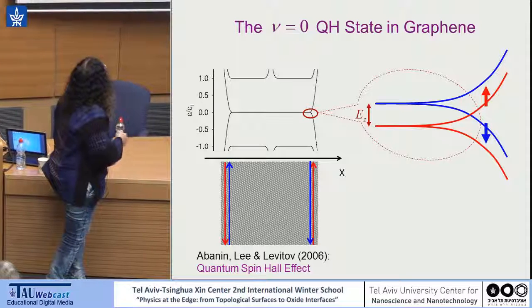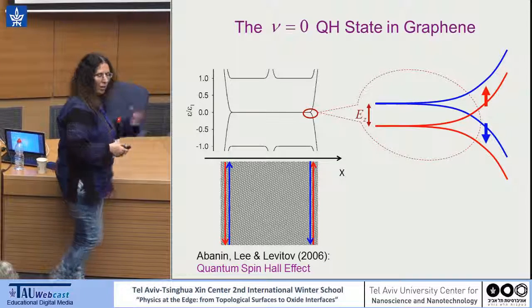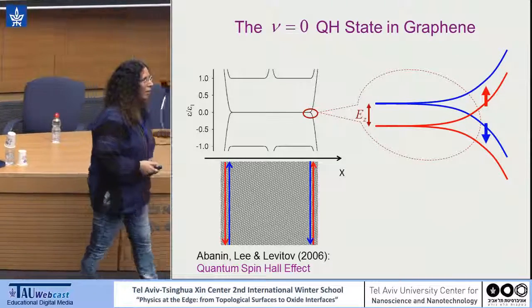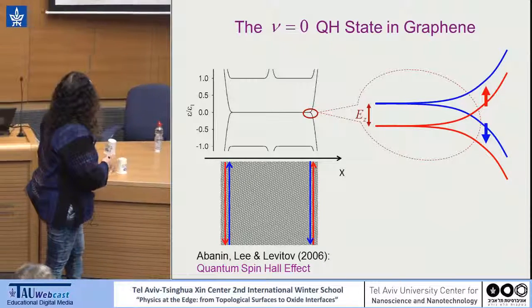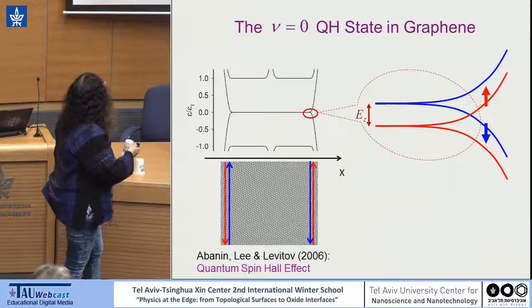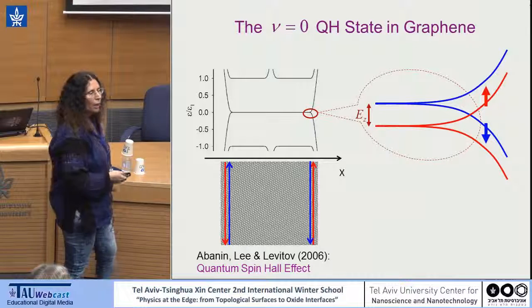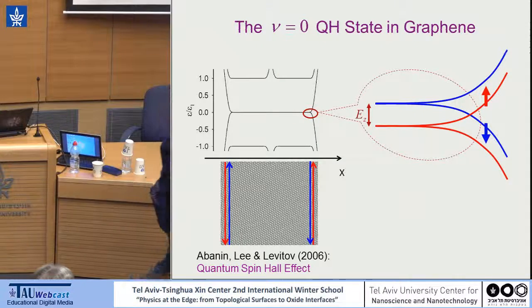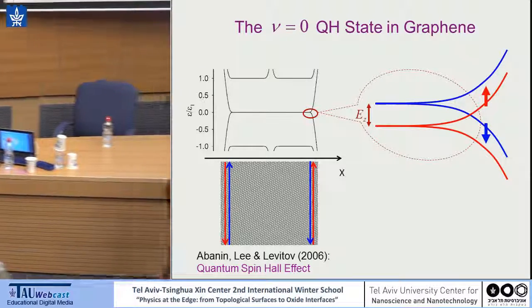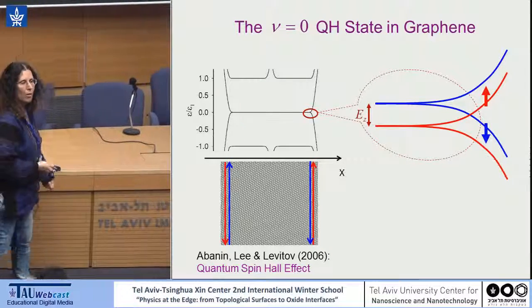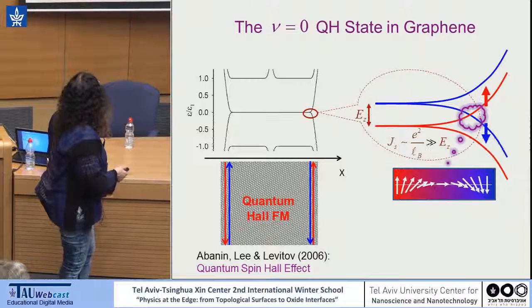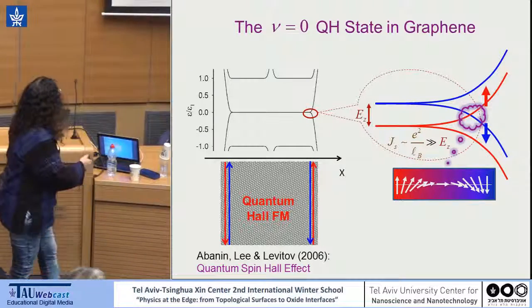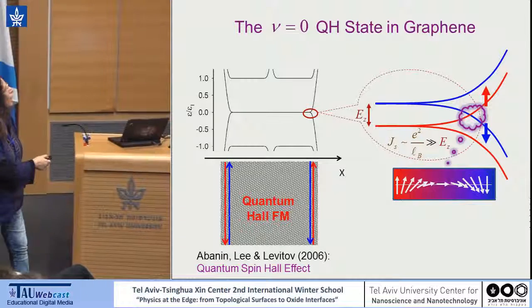In fact, what one expects, at least at first sight, is that interaction will turn the bulk state into a ferromagnet. It introduces some exchange energy, which stabilizes the spin polarized state by exchange interaction. And then the bulk will be now a quantum Hall ferromagnet.